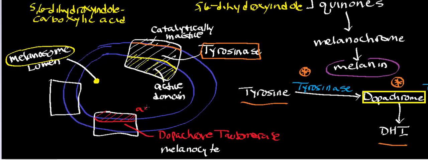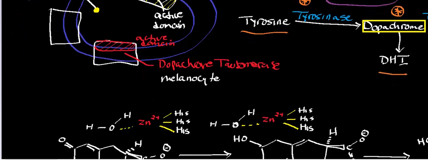This is literally the part of the enzyme in which the tautomerization of dopachrome occurs into dihydroxyindole carboxylic acid. So it literally occurs right here in the lumen of the melanosome. So this is Dopachrome Tautomerase, the subject of this video.